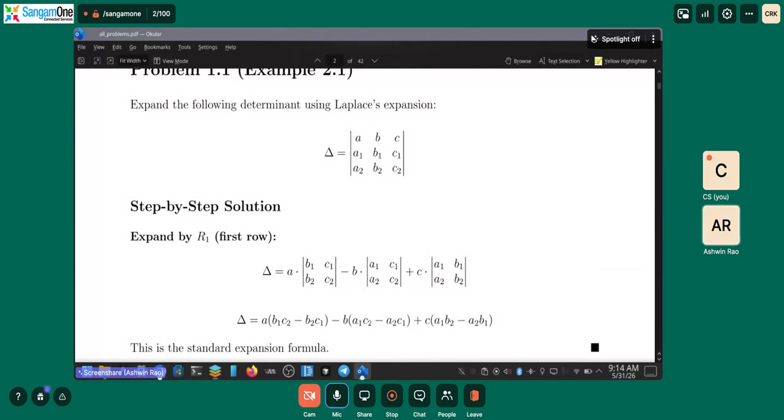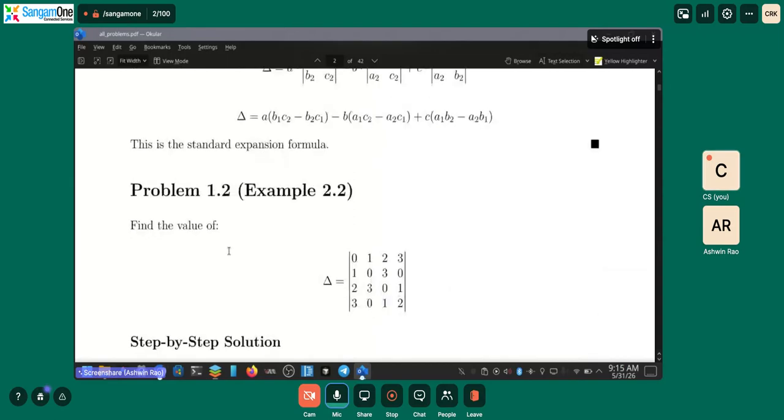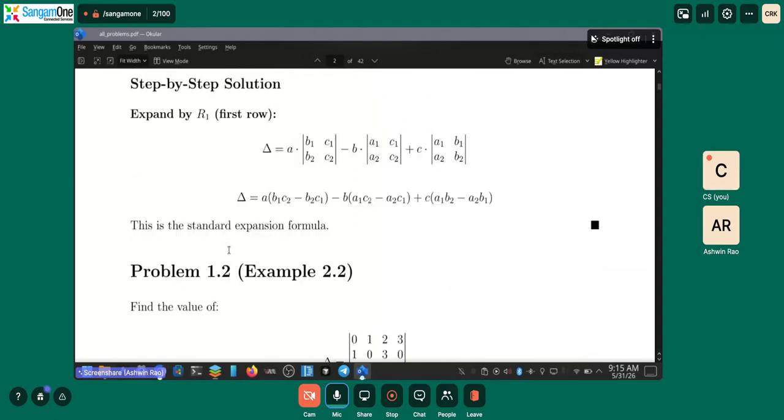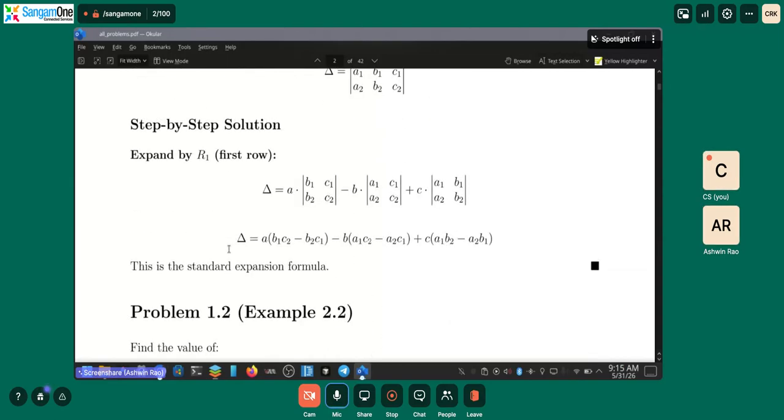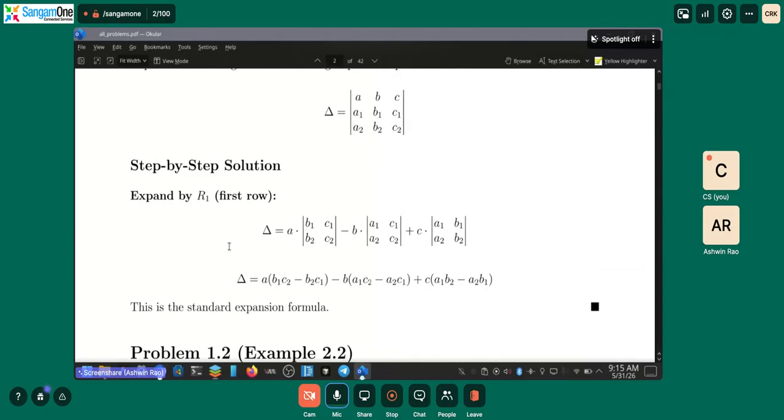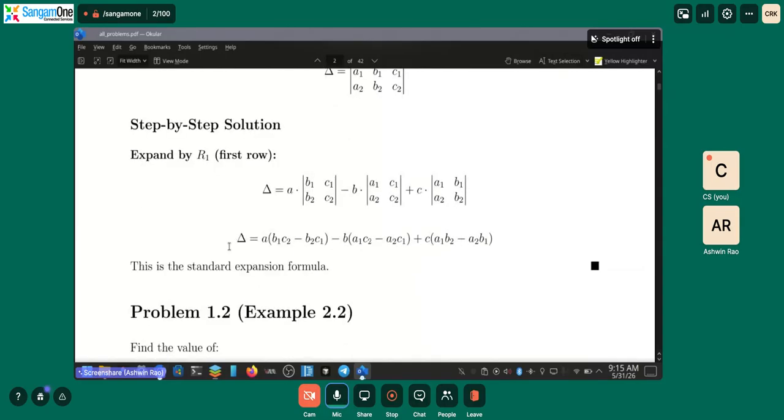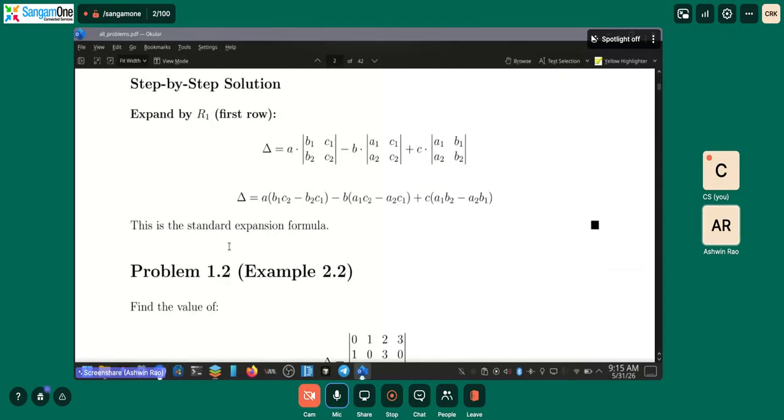That's why B, with A1 C1 and A2 C2, is taken as a separate determinant. Same goes for C. It's also a separate determinant. This corresponds to this formula. This is the standard expansion. Any doubts? Okay, so no doubts, I guess. I will move on.